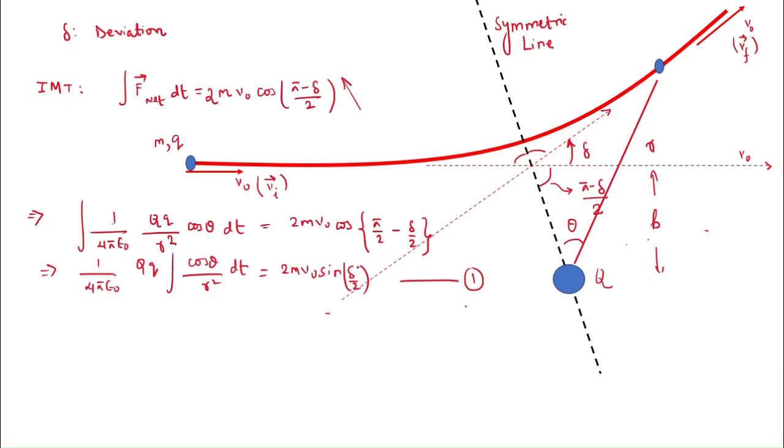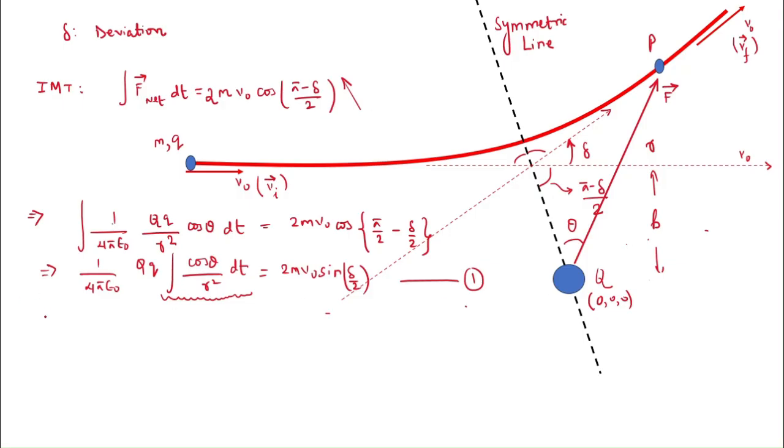Now we need delta. That means if we can somehow manage to solve this integral, then we are done. Now we will use our second equation, which will come from the fact that the force always passes through the heavy charge, this heavy mass. So if I label this as my 0, 0, 0, that means the force acting on this smaller particle, let's call that particle P, will always have zero torque about the origin.